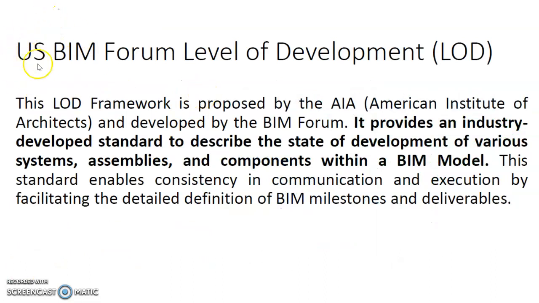Let's look at the US version first. The US calls it the LOD. This concept provides an industry developed standard to describe the state of development of various system assemblies and components within a BIM model.